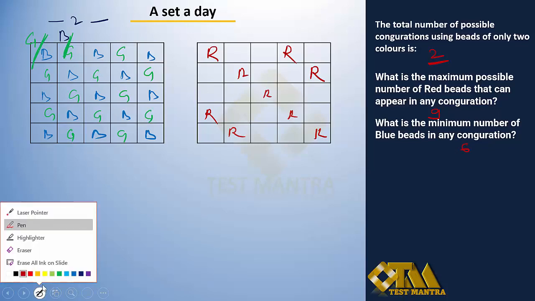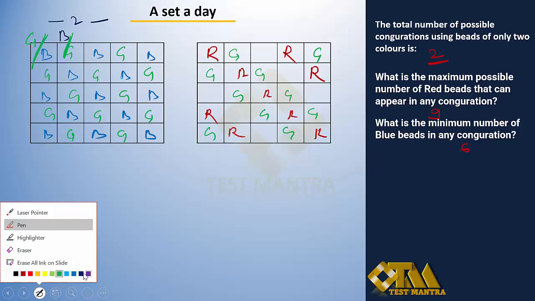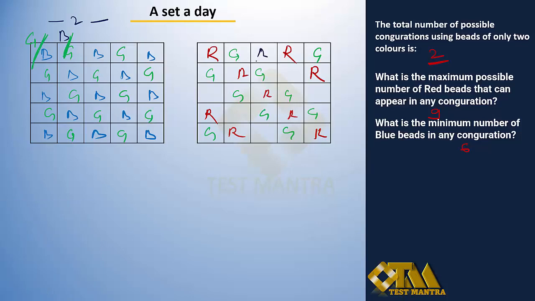So I have tried to maximize the greens here. To maximize the greens, I inserted greens at these points, and the remaining places were occupied by blues, right?